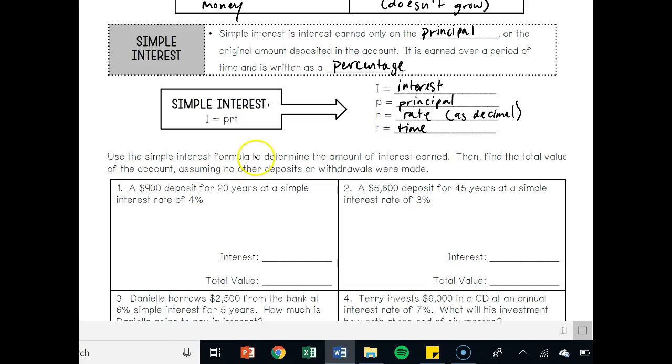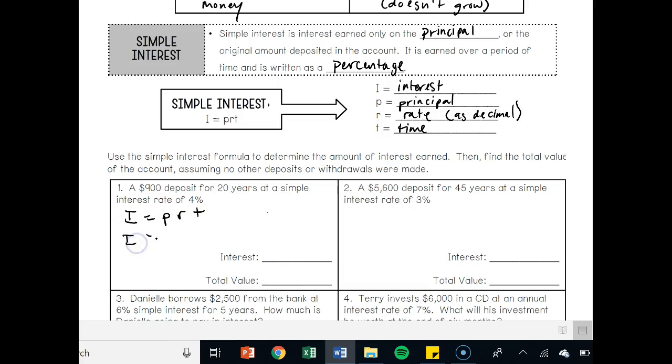So it says use the simple interest formula, I equals PRT, to determine the amount of interest earned. Then find the total value of the account, assuming no other deposits or withdrawals remain. So if I give the bank $900, a $900 deposit, and I leave it there for 20 years at a simple interest rate of 4%, how much interest will I get? Well, your interest is equal to your principal times your rate times your time, right?